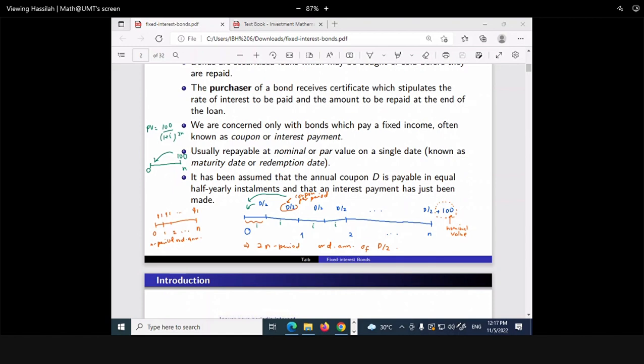Apa kaitan? Apa application daripada structure bagi bond ni?